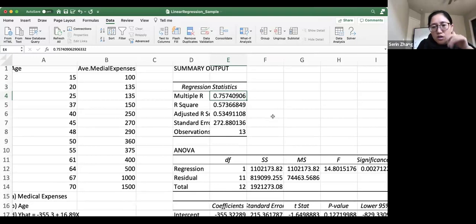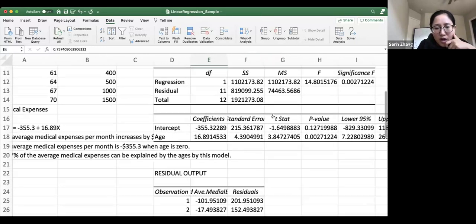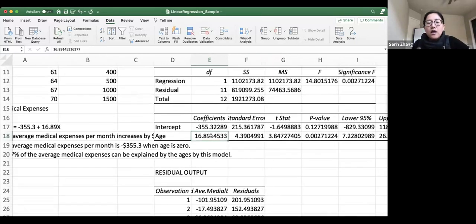Multiple R gives just the absolute value, and for the direction you have to check the slope, the coefficient of age. If the slope is positive, then the sign of Pearson's R is also positive.